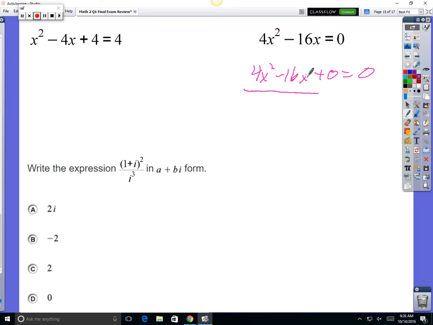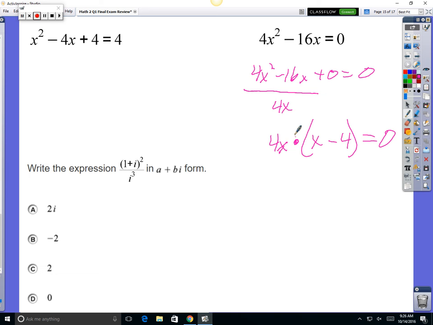What can you divide out of both of these? Let's divide them both by 4x. So if you change it to a times problem, it is going to be 4x times x minus 4.